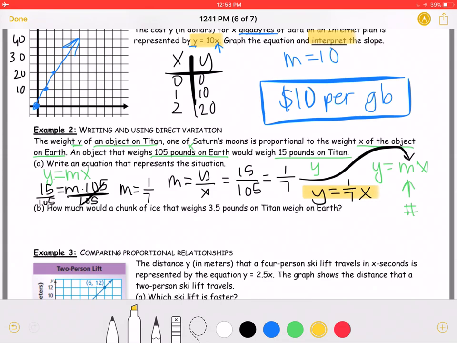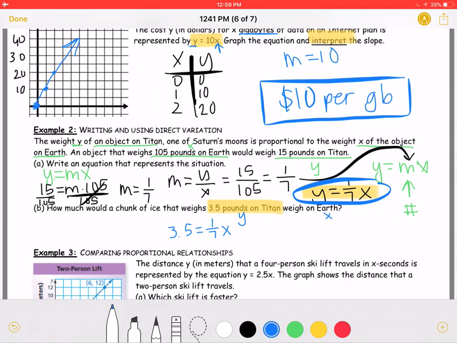Now let's use that equation to answer part B. It says, how much would a chunk of ice that weighs 3.5 pounds on Titan weigh on Earth? So they're giving us how much it weighs on Titan, so that's our y value. We want to find how much it would weigh on Earth. So let's plug in what we know. Use your equation. So y equals 3.5 now. We still have 1/7 x. We're trying to find x.